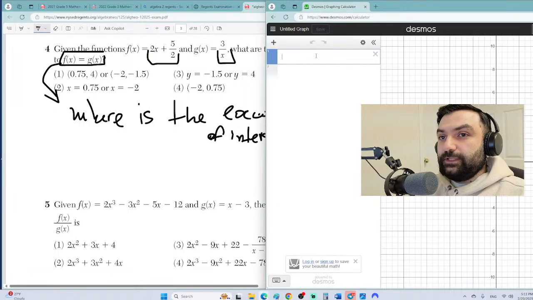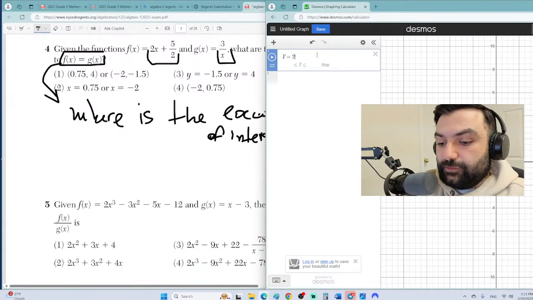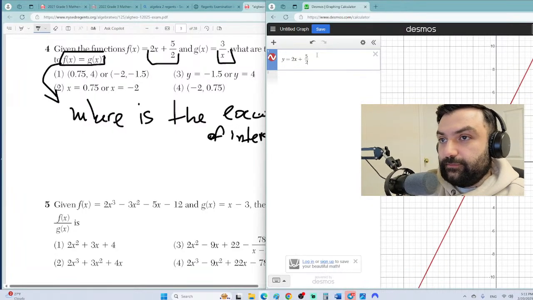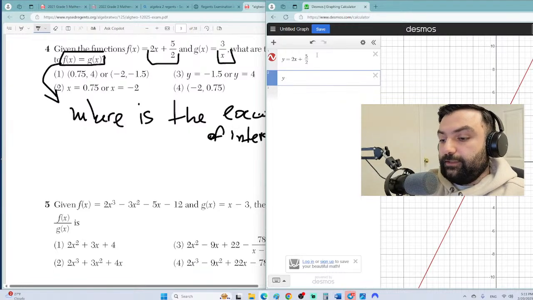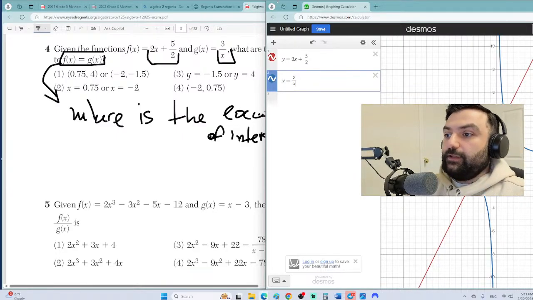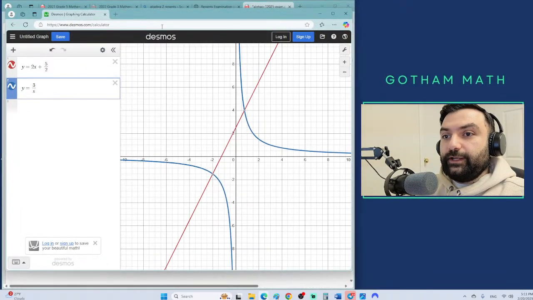So it's going to be y equals 2x plus 5/2, and y equals 3/x. All right, so we have the functions and we have the intersection points.